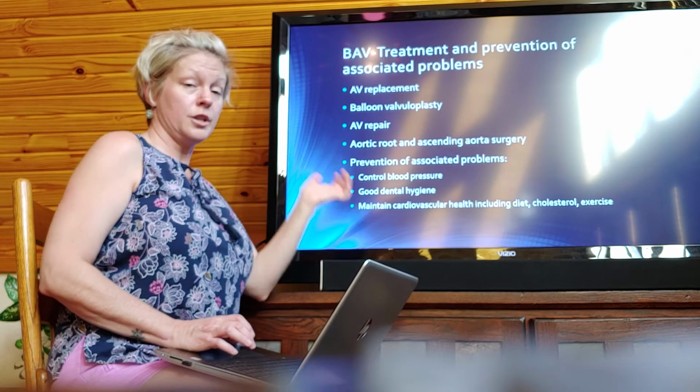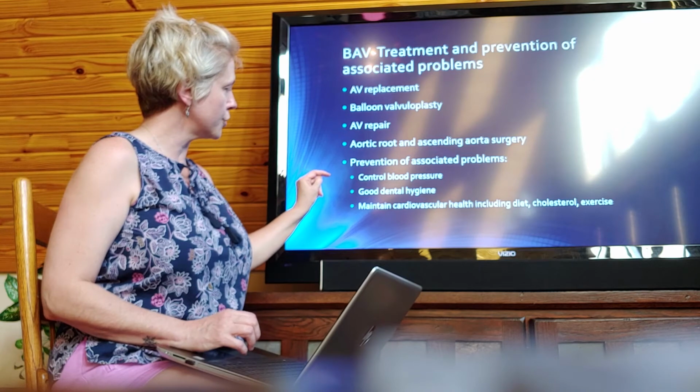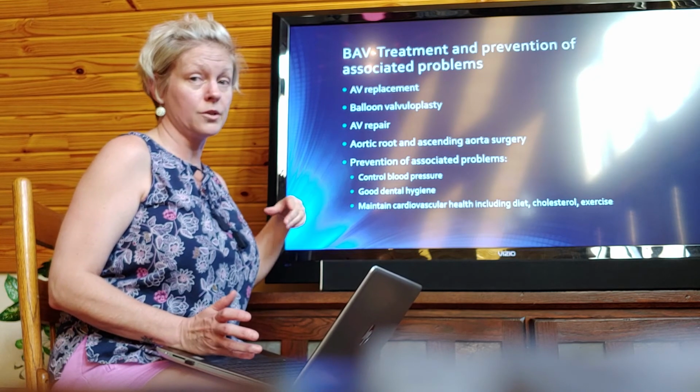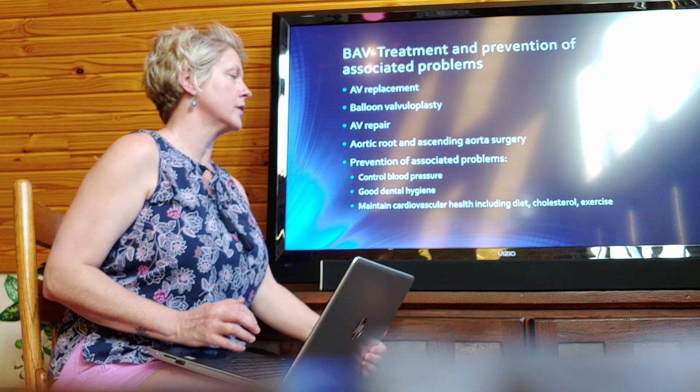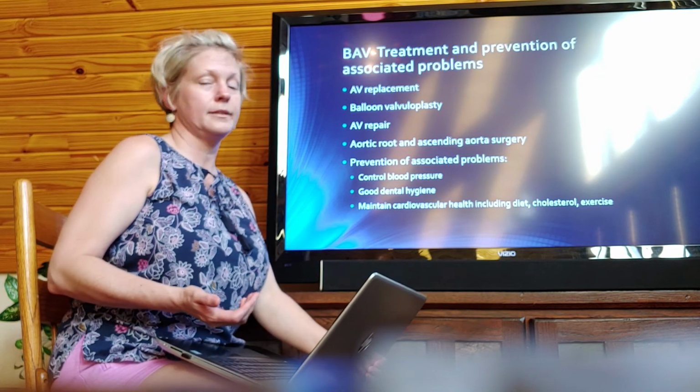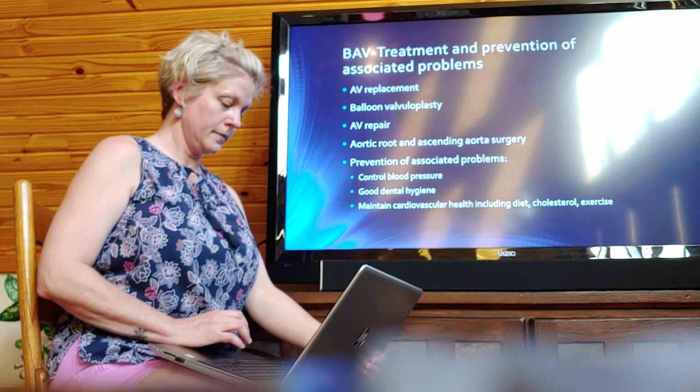And then prevention of the problems you can have with bicuspid: control your blood pressure, good dental hygiene, again because of endocarditis, and maintain cardiovascular health, doing the good things, diet, cholesterol, and exercise, which is good for everybody.